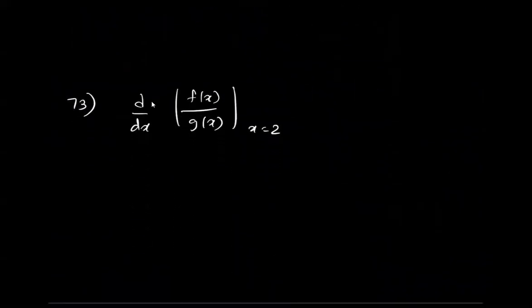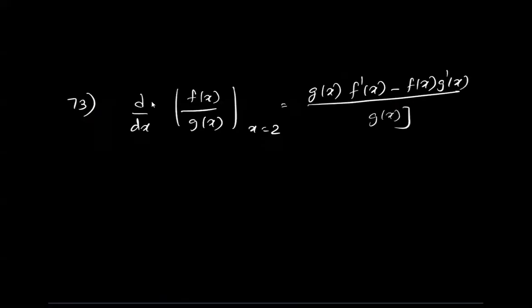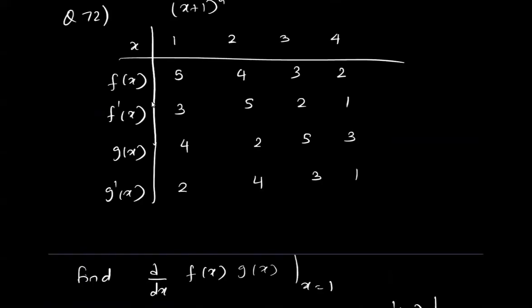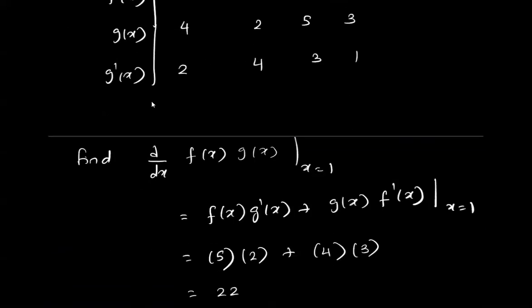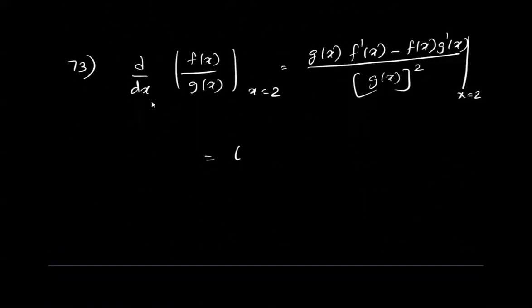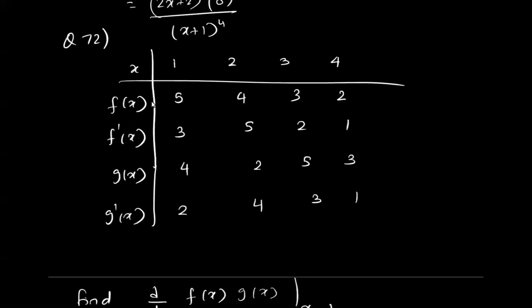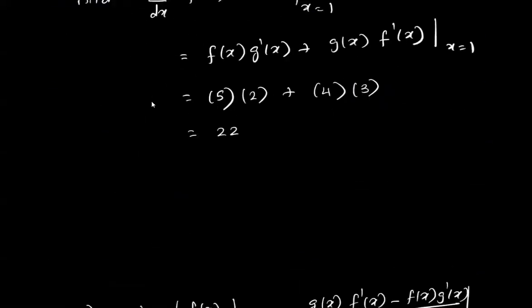Now we need to do this for the quotient rule at x equals 2. So g of x times f prime minus f of x times g prime, all over g of x the whole squared, and we have to do it all at x equals 2. So what is g of 2? g of 2 is 2. f prime of 2 is 5.